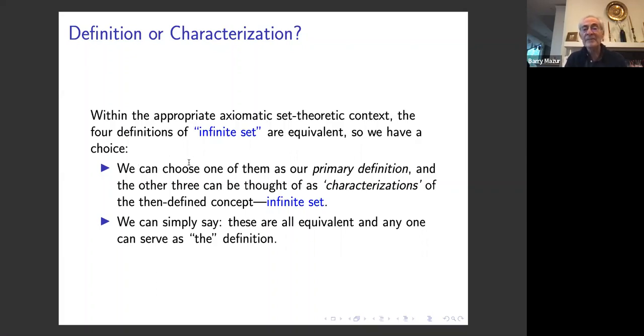We can choose one of them as our primary definition, and the other 3 can be thought of as equally pinpointing the same concept, but they're labeled from our point of view as characterizations of the already defined concept, infinite set. Or we could just throw up our hands and say, they're all equivalent. Any one can serve as the definition.